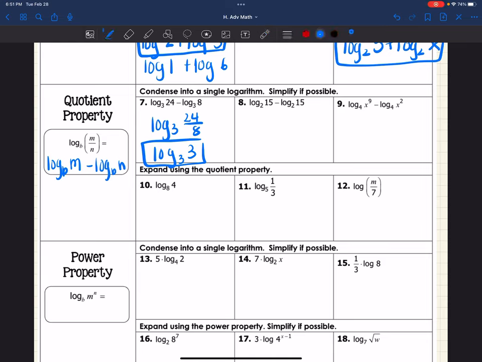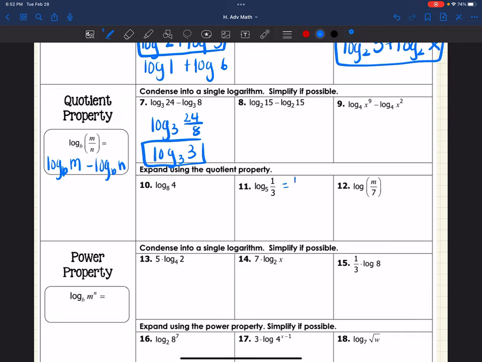Okay, I'll do number 11. In 11, you're doing the opposite. You are not condensing, you are expanding. Again, for expanding, your answers will vary. I need to find 2 numbers that when I divide them out, they give me 1 over 3. Again, answers will vary. I can multiply them both by, I don't know, 15, I guess.